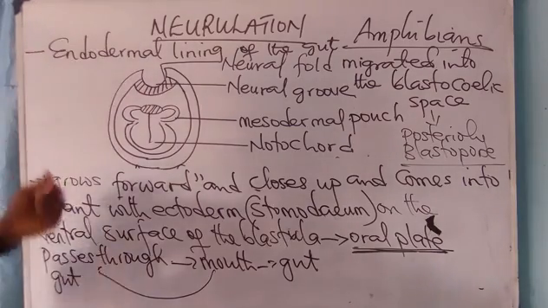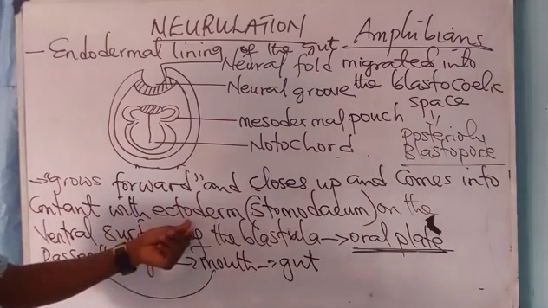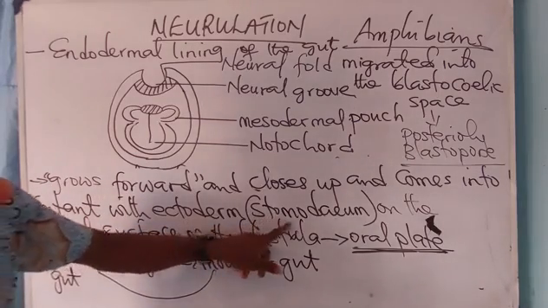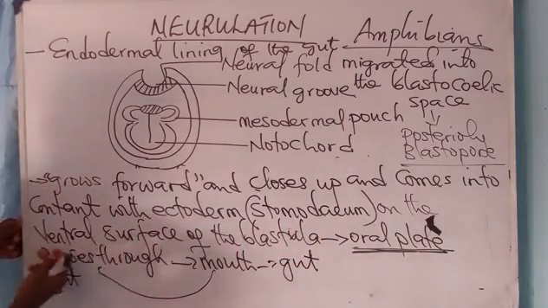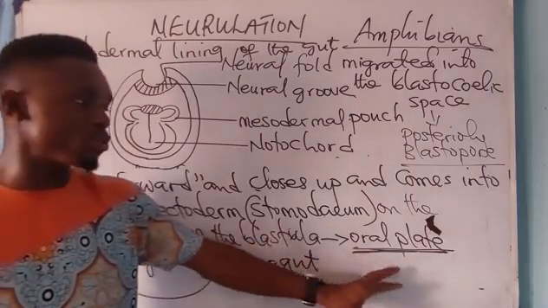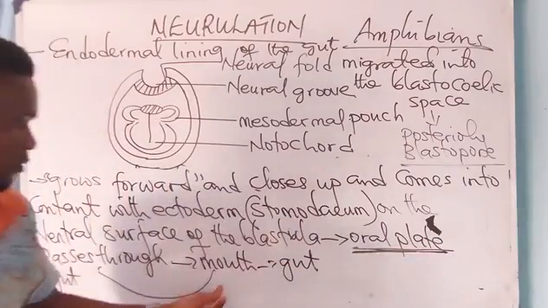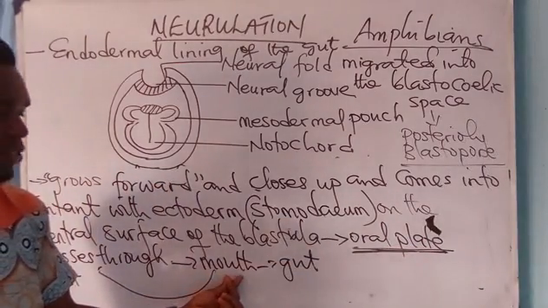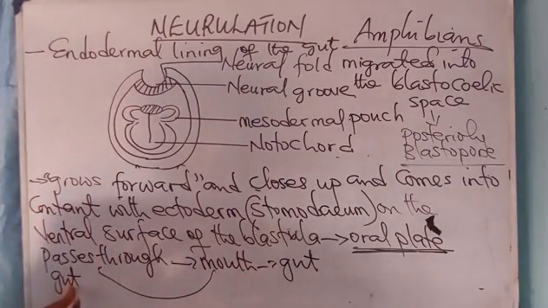Now this layer grows forward, closes up and interacts with the ectoderm, a region called stomodium, on the ventral surface, not the dorsal surface of the blastula. What does it form? It forms the oral plate. The oral plate, on the other hand, forms the mouth, and this mouth opens into the gut.